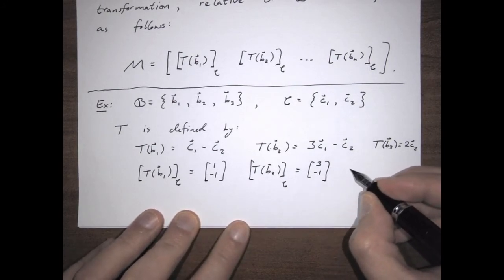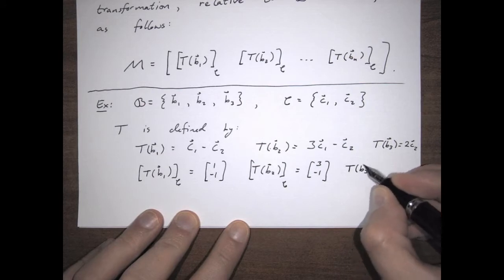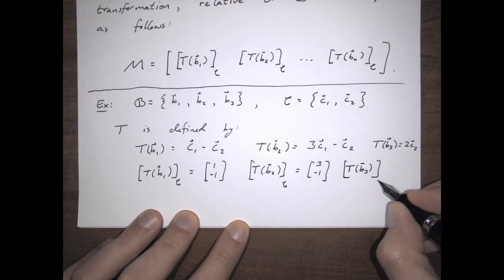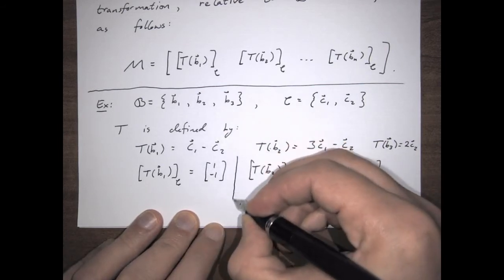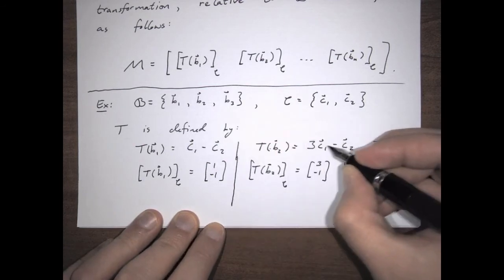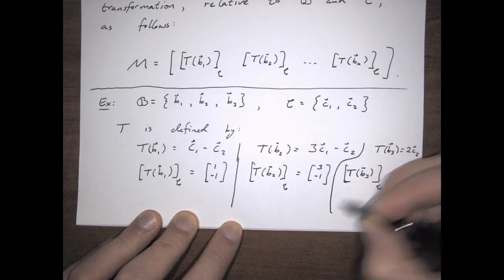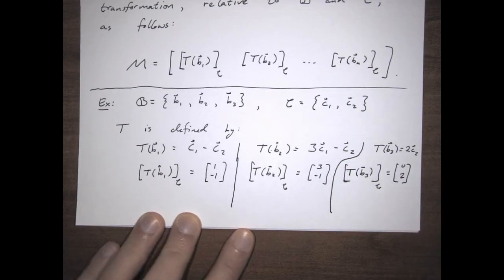And then lastly, T of B3 expressed relative to C, just separate these out a little bit, is going to equal 0 on the C1 and 2 on the C2.